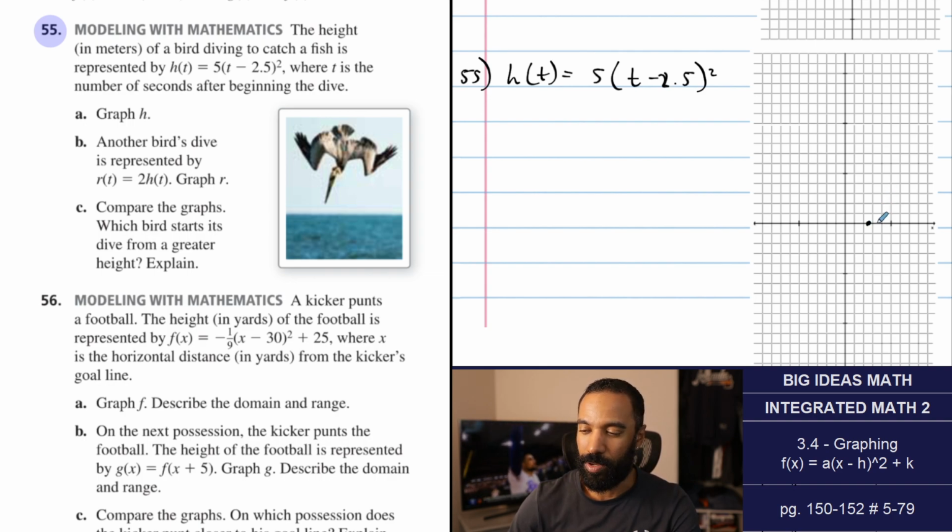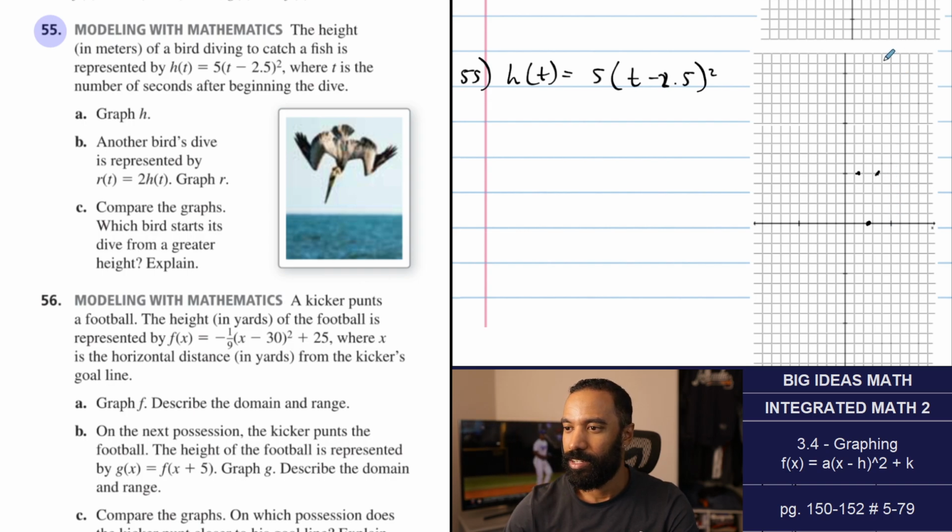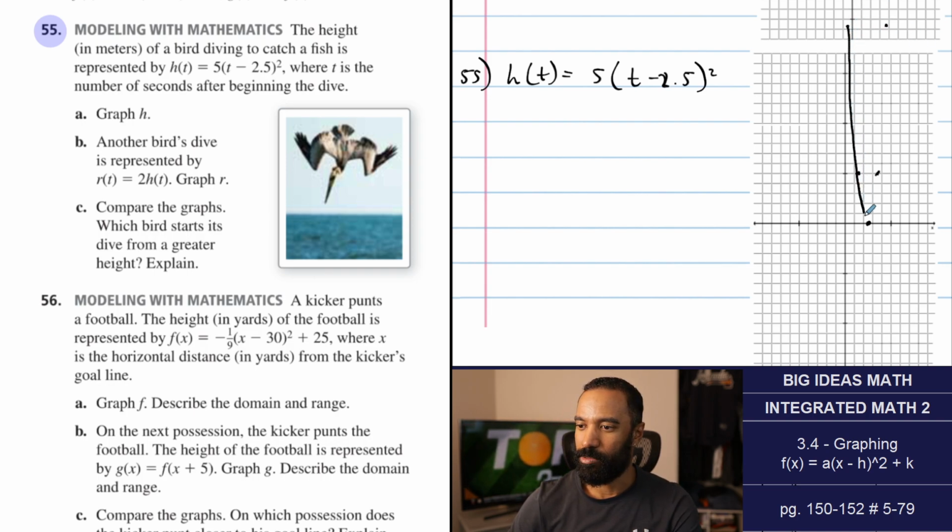I made that mistake one time. Over 1 up 5. Over 2 up 5 times 4 is 20. I can't really fit it. Can I pretend like I can? Maybe something like that. They did ask us to graph it, and that's going to be pretty tall.